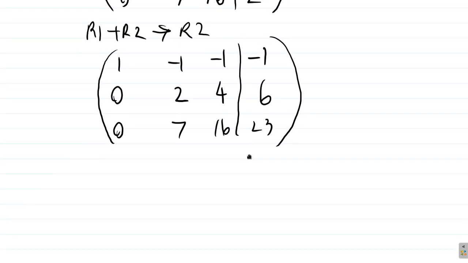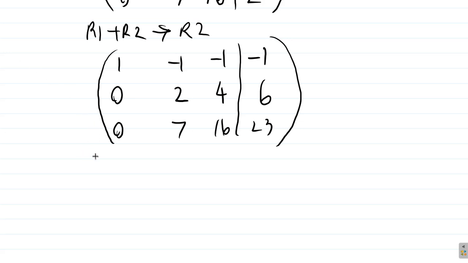Guess what? We can half row 2. It is row 2 and 3 that we're going to deal with. We're not going to trouble row 1. But we could half row 2 with smaller numbers.